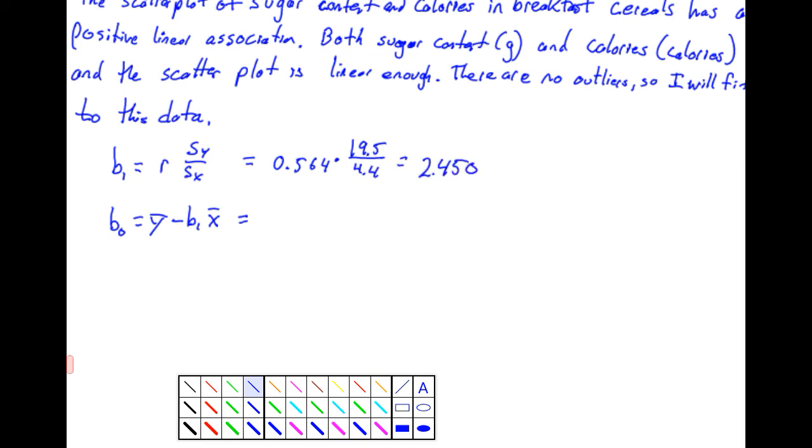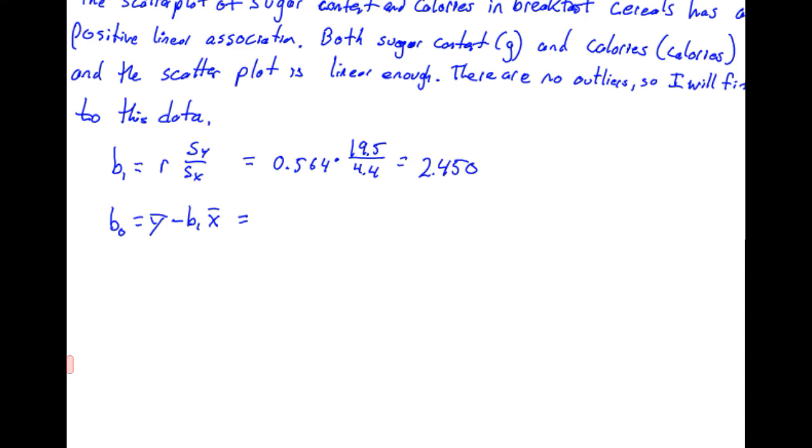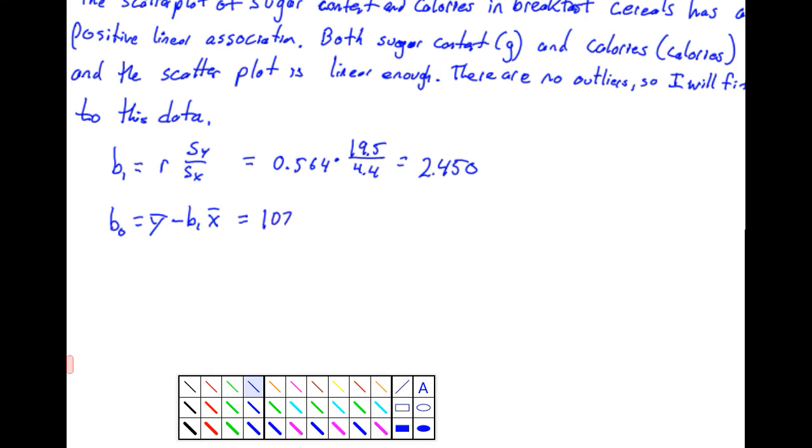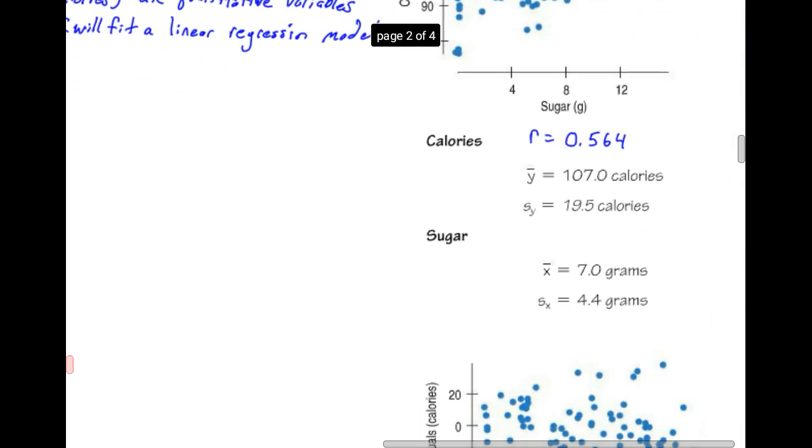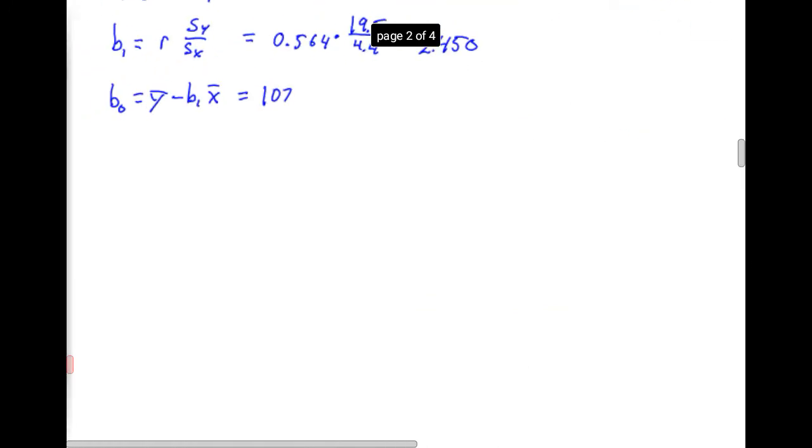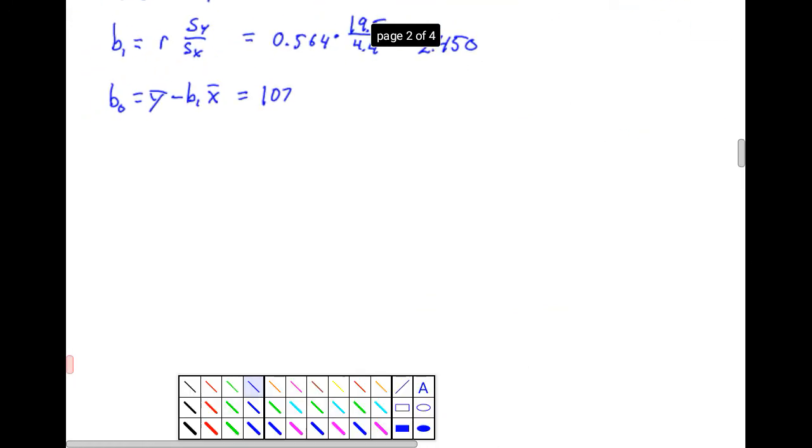Now we do the 2.45, we do the 107 that we have. 107.0 minus 2.450, which is our slope.